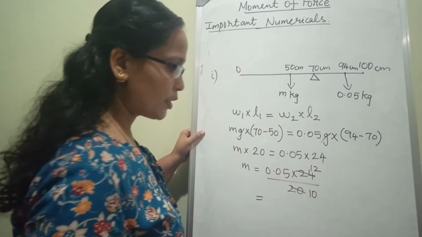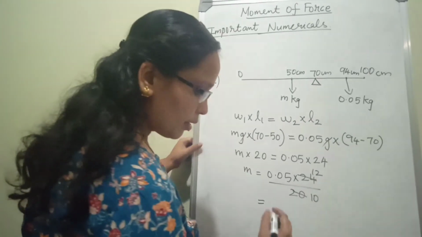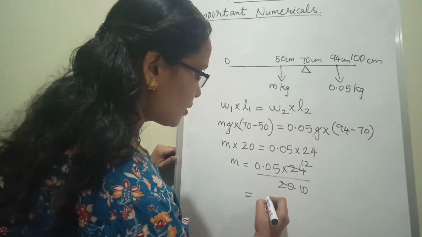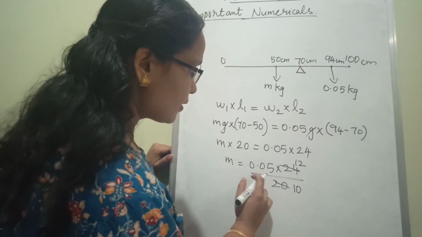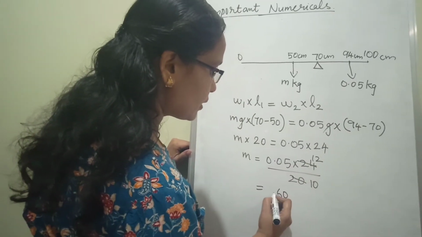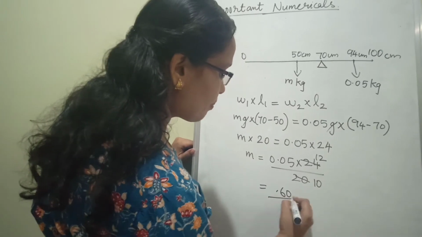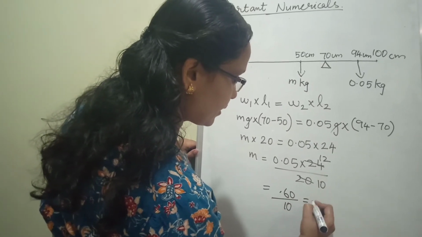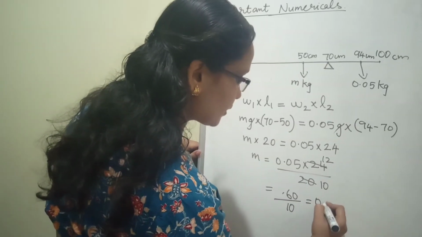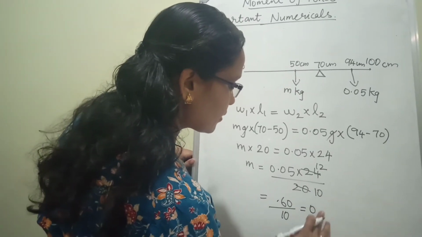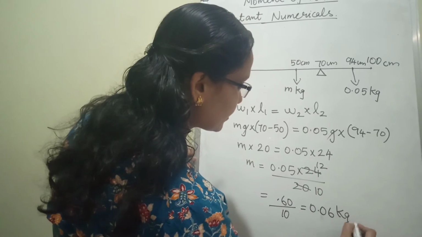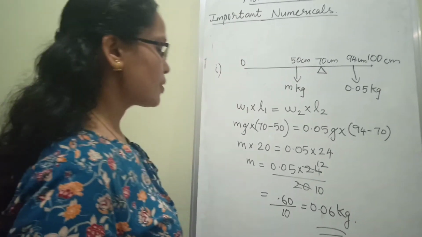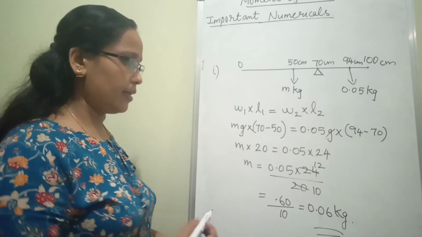Multiply, how much we get? 12 5s are 60, and 2 decimals are there, by 10 also we get, so 0.06 kg. This will be the mass of the meter scale.